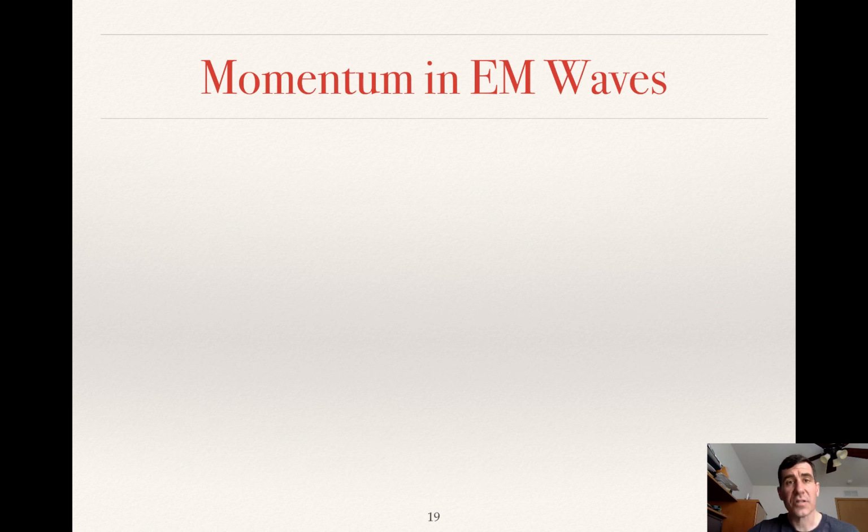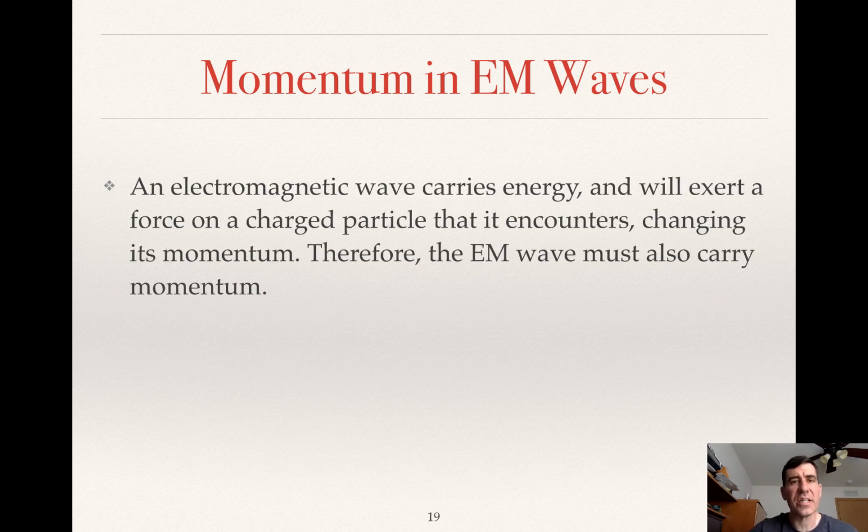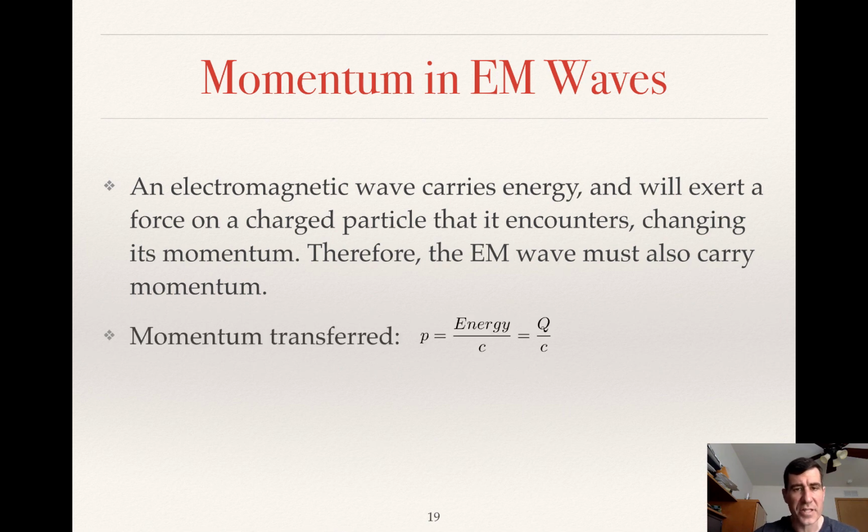Now, so electromagnetic waves carry energy. Interestingly, they also carry momentum. Or another way to think of this, an electromagnetic wave will exert a force on a charged particle that it encounters, changing its momentum, right? And if we want momentum to be conserved, then electromagnetic waves must also carry momentum.